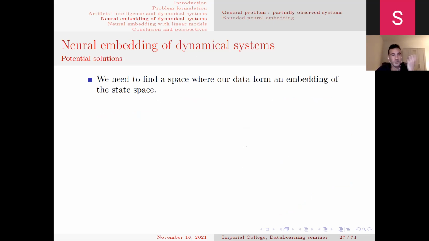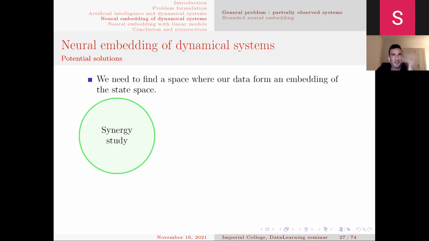So from here, we need to find a space that forms an embedding of the hidden state Z. And in order to do that, we either do some synergy study and we try to include other observations that, when stacked with our initial observations of the sea surface temperature, will make sense of the observations, and we can do prediction on this new space.